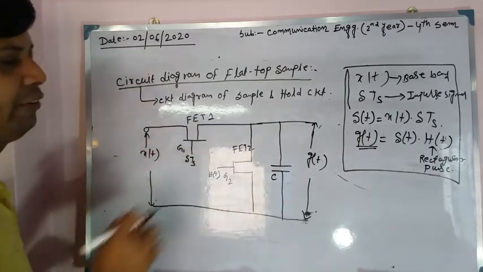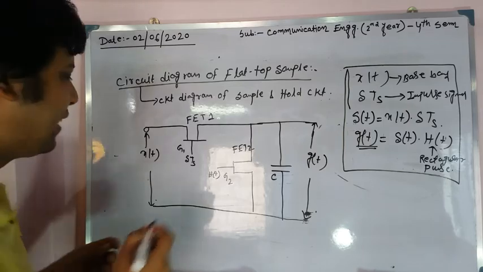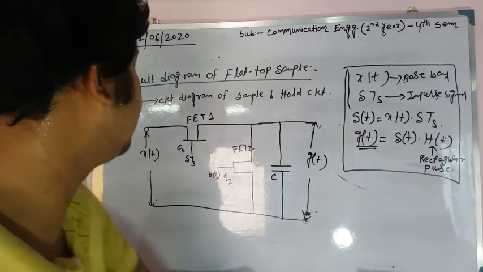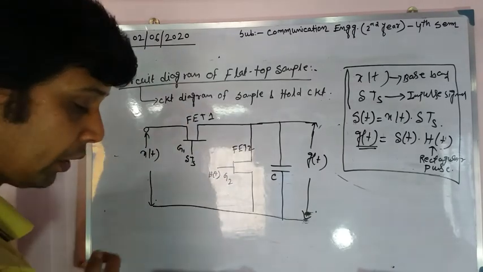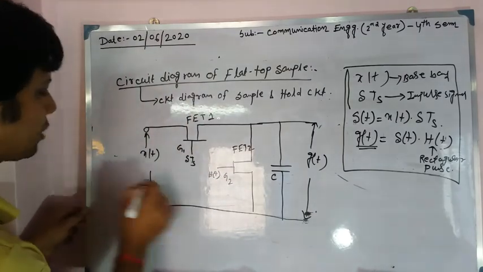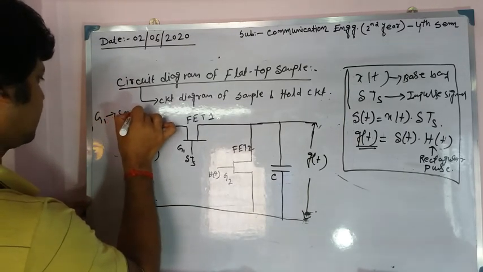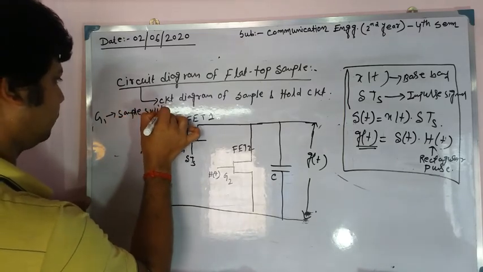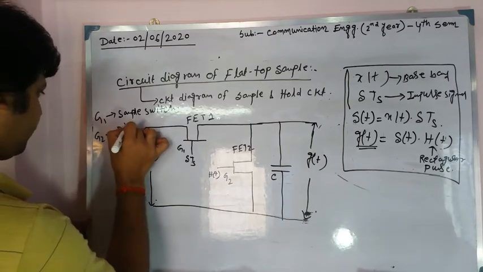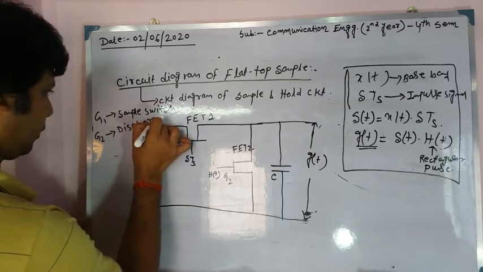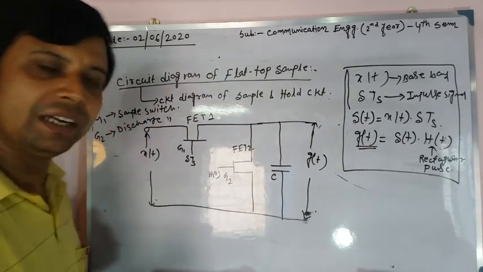G1 is the gate of FET 1 and G2 is the gate of FET 2. G1 is called the sample switch and G2 is called the discharge switch.